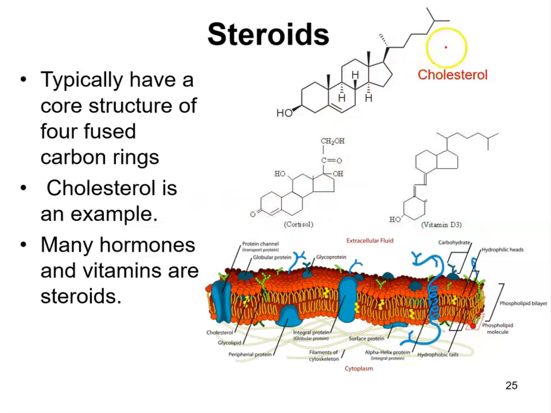We're going to talk about how we make these long rings. How do we make these big chains? Typically, they have that core structure of rings, and they look very similar to this compound or something like that.